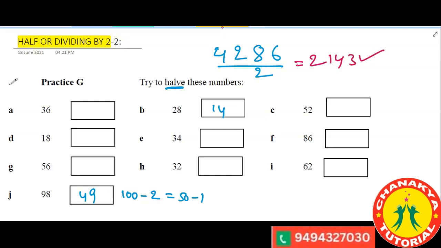That's the answer. Not for this one. For 30, 36 is also not valid. So 28, 2 half, 8 half; 86, 8 half, 6 half; 62, 6 half, 2 half.